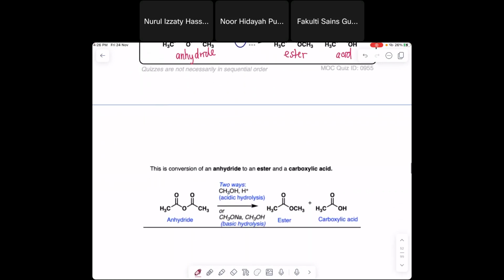So dia panggil kat sini acidic hydrolysis but it's actually alcoholysis lah. Dia ada banyak nama kan. So somehow dalam case this website dia kata it's actually you putuskan the bond between anhydride tu. Okay.